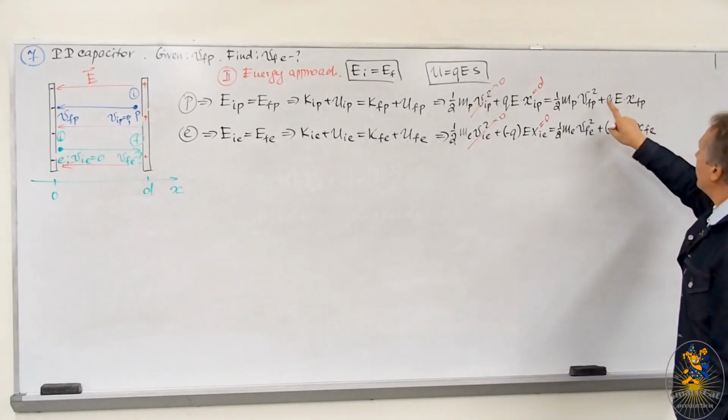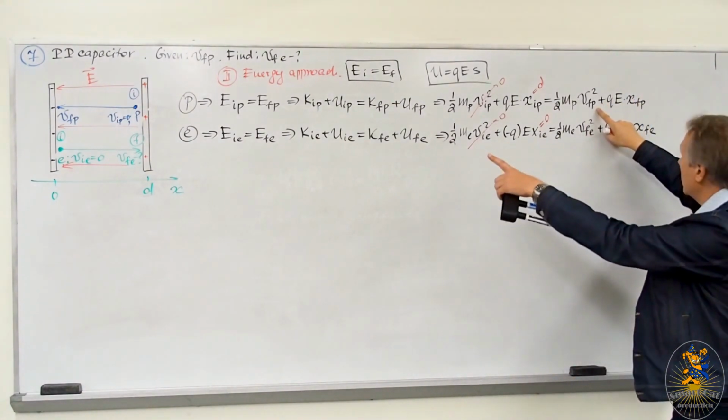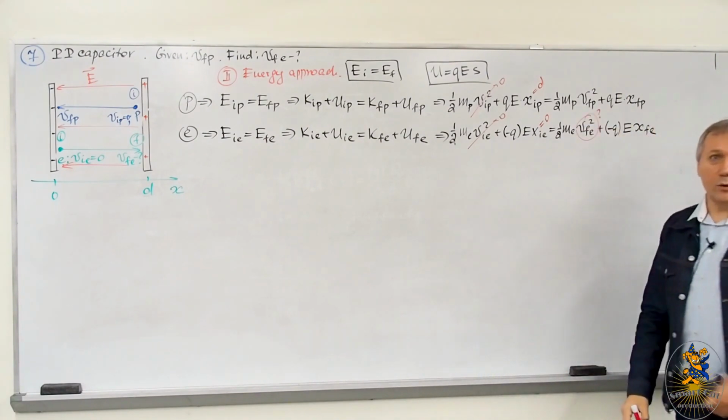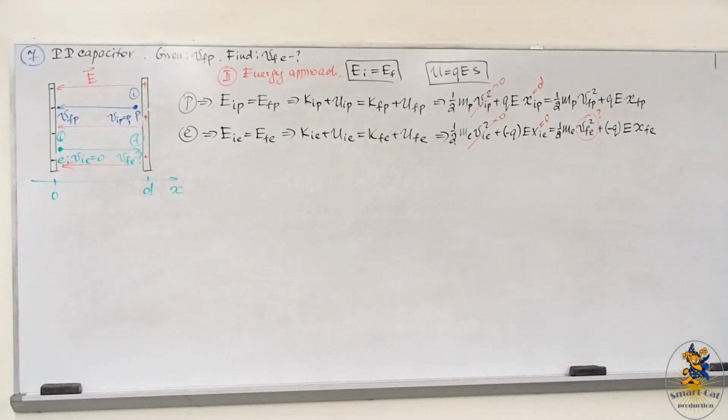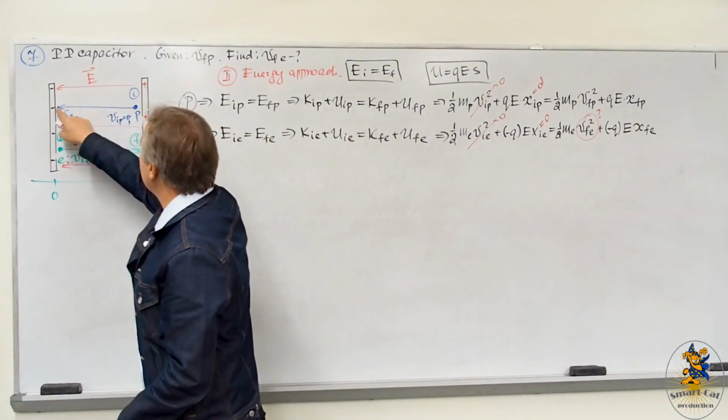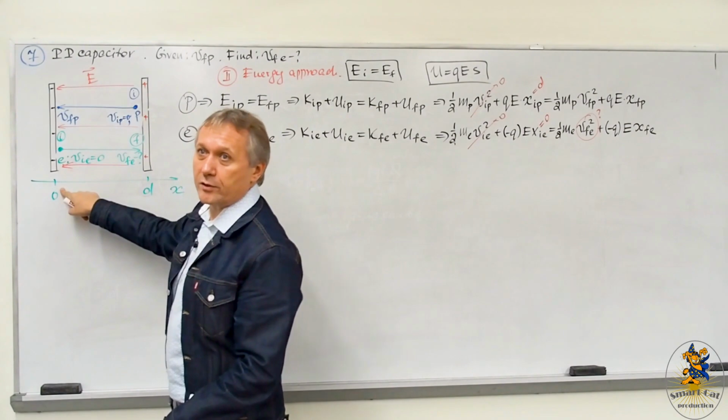Then final velocity is given. That is our global unknown, which we need to find at the very end. Then final position of the proton: 0. Proton is over here, final position is 0.